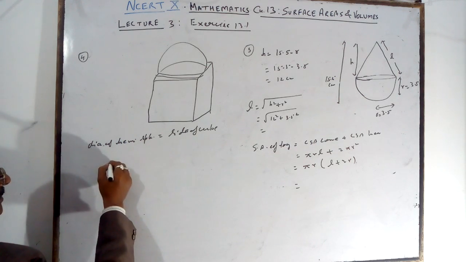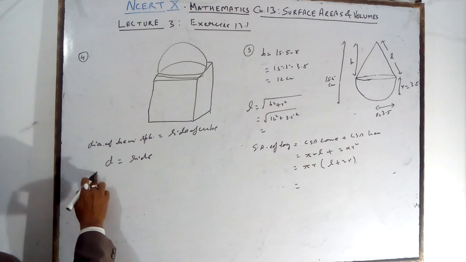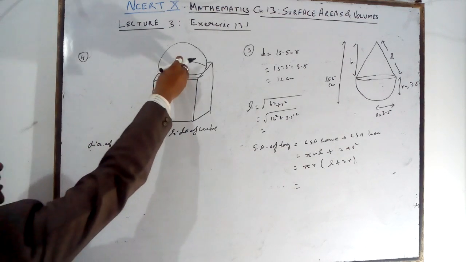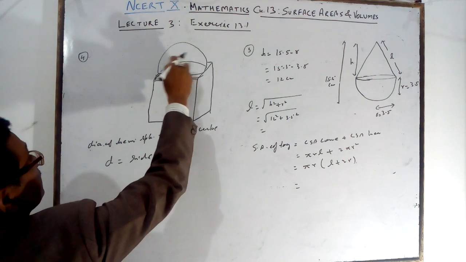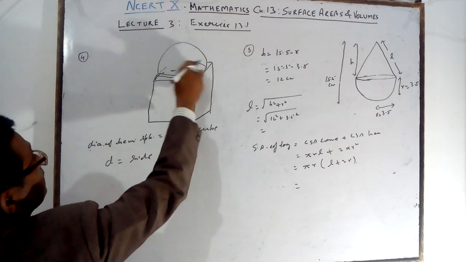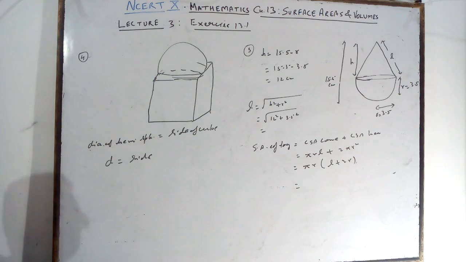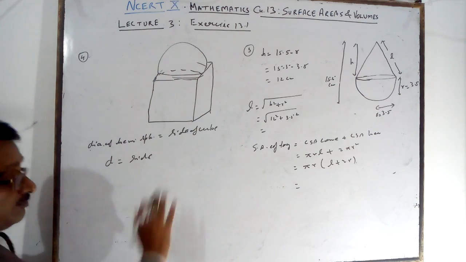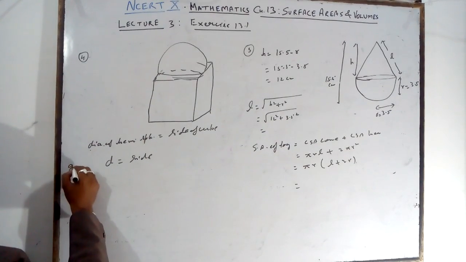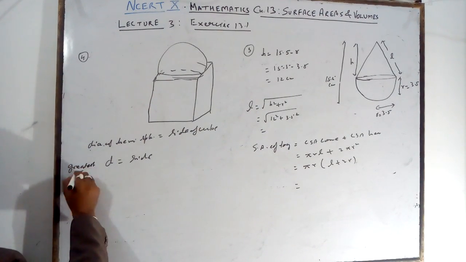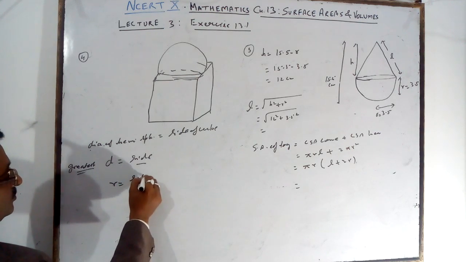If it is equal, then the greatest diameter is the side, otherwise smaller also. Surmounted, the diameter is not more than its side. The greatest diameter is the side. It means the radius will be side by 2.